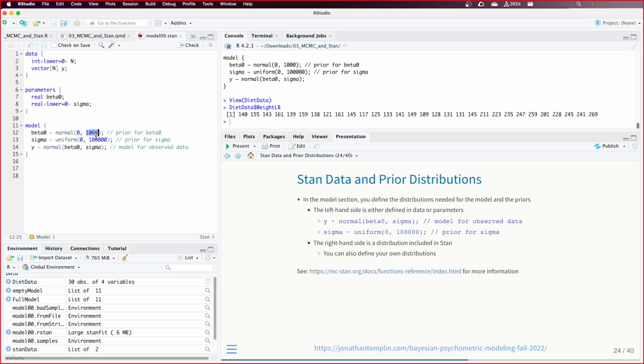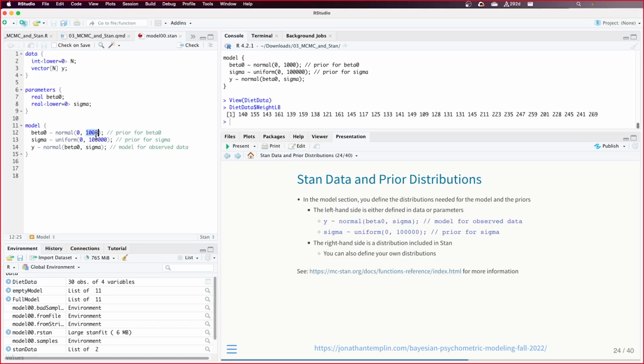I will tell you, if you know a little bit about the model, here's our weight vector. Beta 0 will be the mean of the weights. The mean of the weights certainly is within that range. Now, if this weight vector was weights of aircraft, and these were not 3-digit numbers, but 6-digit numbers, that prior would not work very well, because it's saying the mean is somewhere between negative 3,000 and positive 3,000.